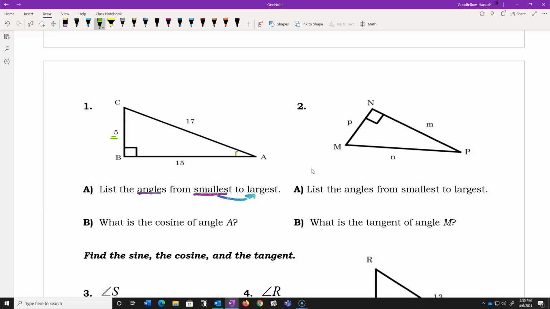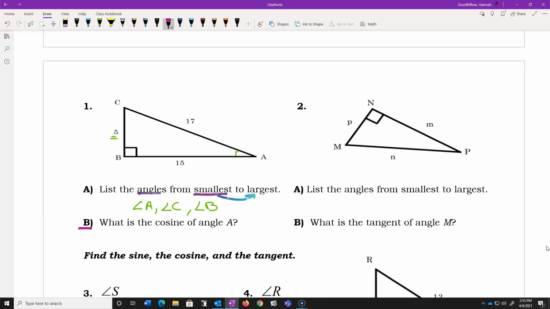If you had an angle that was across from a 5 and the other two were bigger, the smallest angle would definitely be angle A. Then the next largest angle would be angle C, and the last angle would definitely be the largest and always be the largest in a right triangle, angle B, because it's across from the hypotenuse.